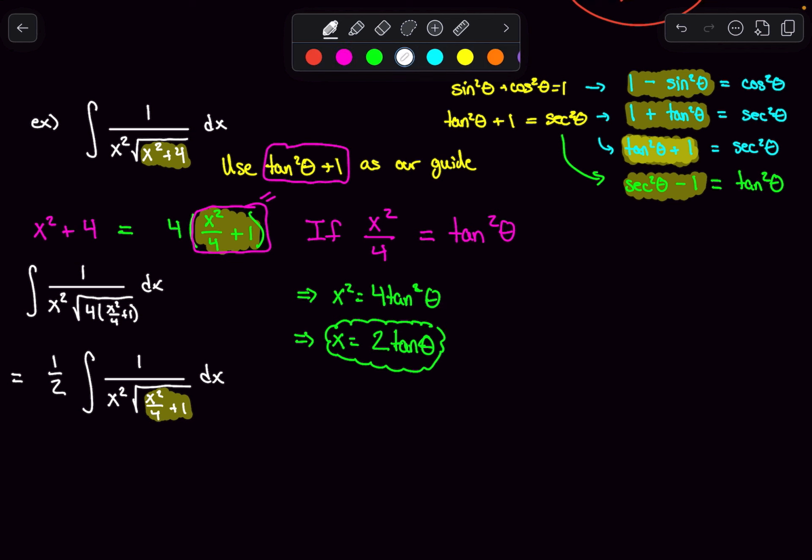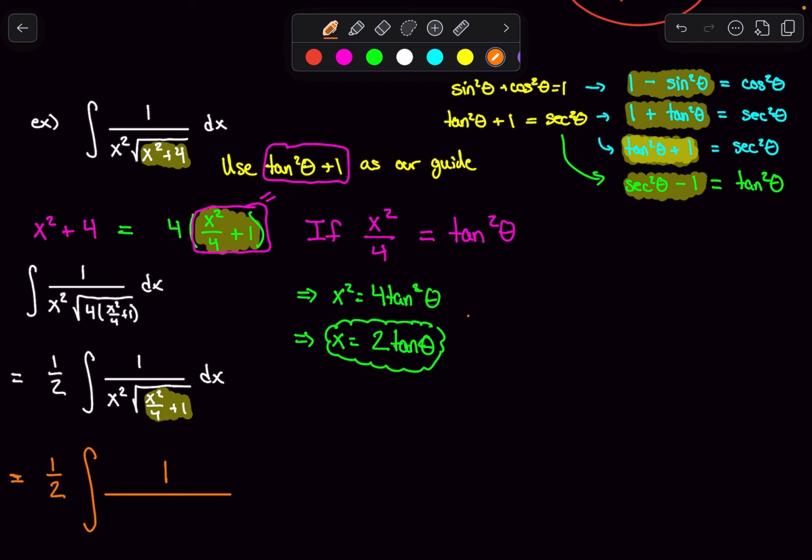I'm just going to pick one of them, and it turns out that x equals 2 tangent theta does the trick. So if x is equal to 2 tangent theta, now people always ask, how can I shortcut this work? There's a lot of steps. The way that you start to shortcut this work is we start to make some jumps in our head. We say we have 1/2 the integral. Now, if I'm writing out this fraction, some things that I know, the top is just going to stay as 1.